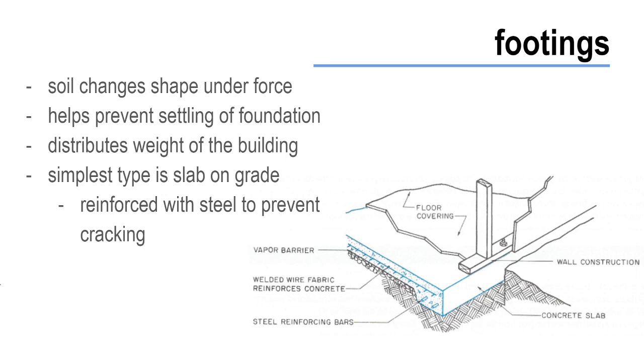In this system, the main floor of the building is a single concrete slab reinforced with steel to prevent cracking. And then walls are erected on that slab so that it can support the weight of the building. While it's really more common in warm climates, I do have it where I live. I guess maybe because it's a small enough structure, it does just fine, but it's the simplest kind that you would have.